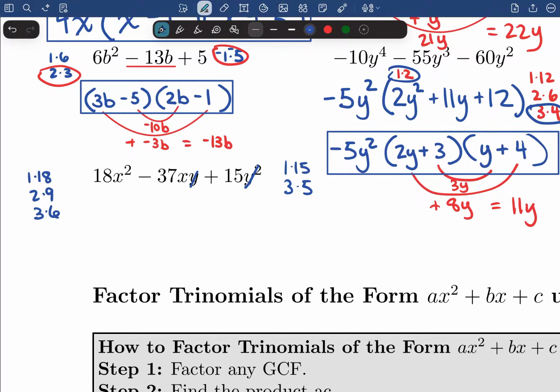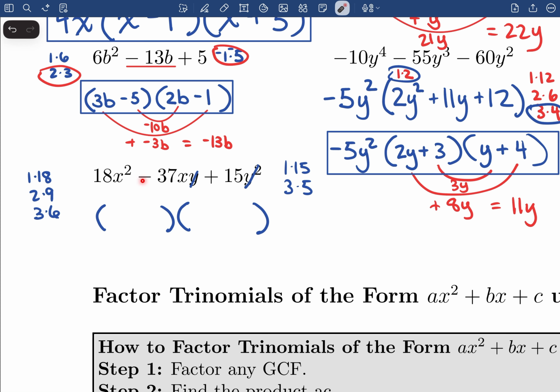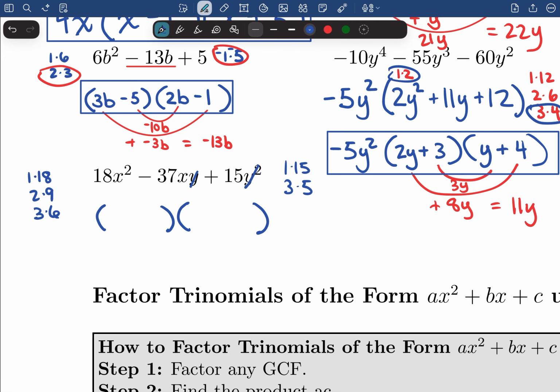Okay, now that I have found all of these factors, I'm going to create sets of parentheses, and I'm going to start a little trial and error. I'm going to play with things. And looking through this, let's look at the minus plus situation. So this is a minus and this is a plus, which means that both of the factors are going to be negative, right? So I'm dealing with negative factors on this side. Great.